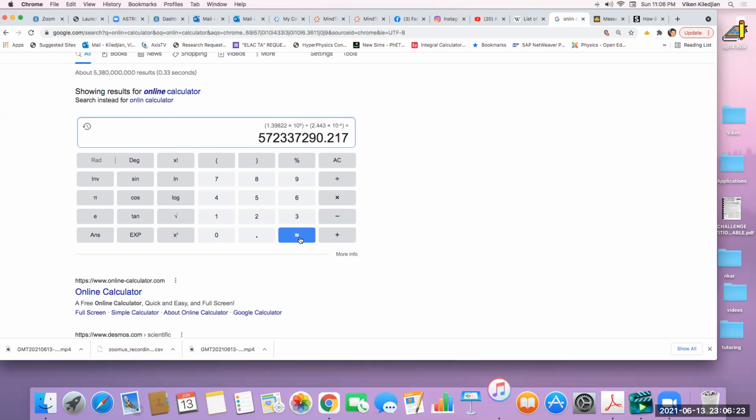Okay, that's going to be the distance to Jupiter, right? So the R.